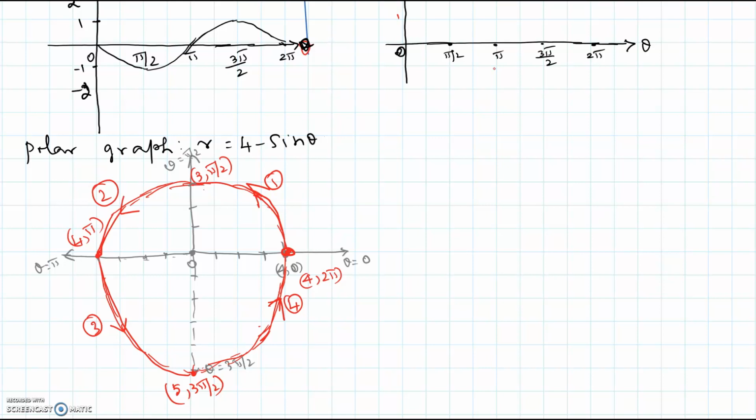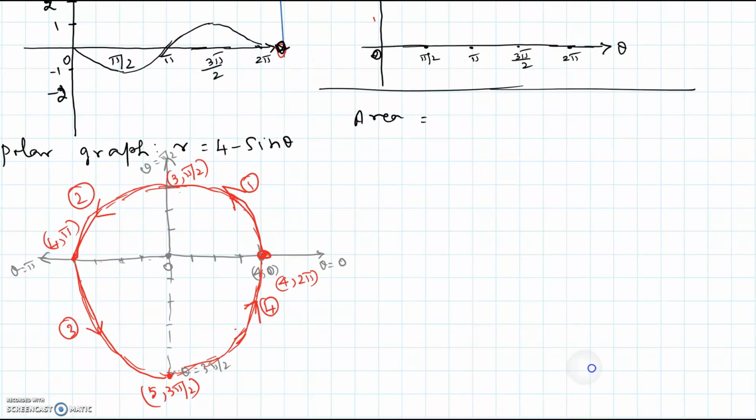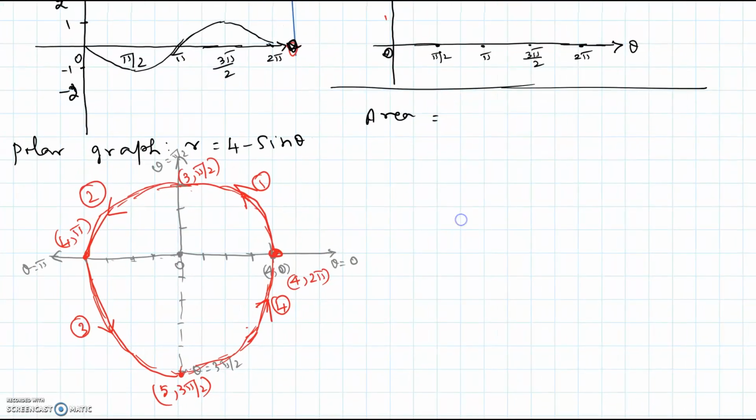Now the second half of the problem is to find the area of this enclosed figure, which is the integral from 0 through 2 pi of half r square d theta. That is the integral from 0 through 2 pi, half r square.